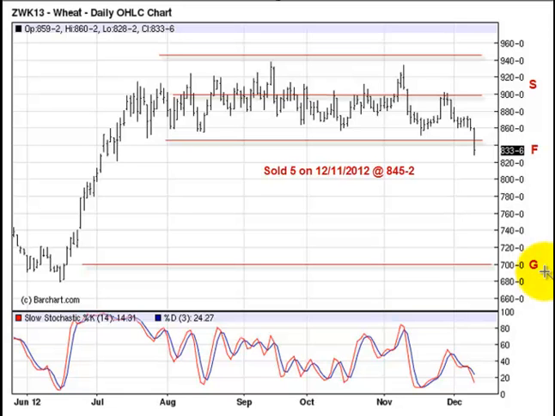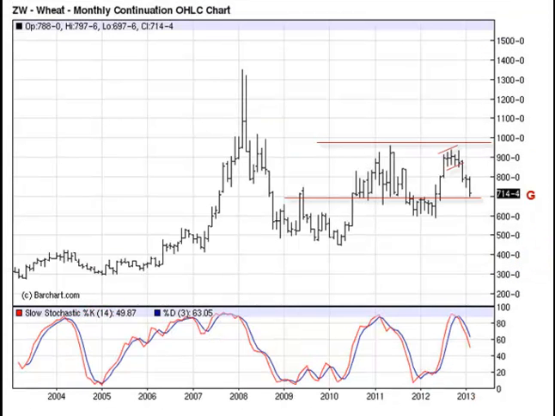Now, again, how did we know $7? We go back to our 5,000 foot view and we look at our monthly chart again. And we said, okay, wow, back in 2009, the price struggled at $7 to get through. In 2010, it did get to $7.